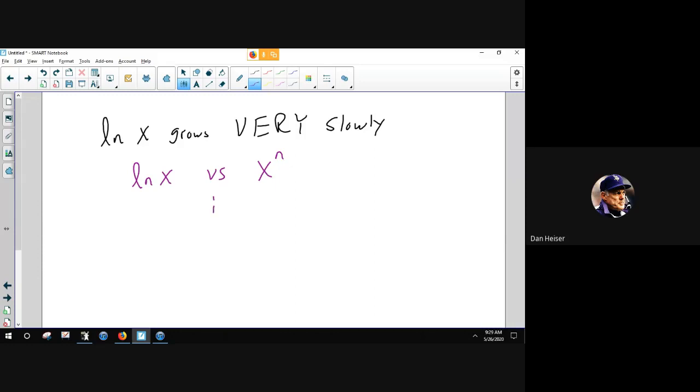If n is greater than 1, x to the n always wins. Natural log of x grows atrociously slow, which makes sense because e to the x grows quickly. If a function grows quickly, its inverse grows slowly, and vice versa.